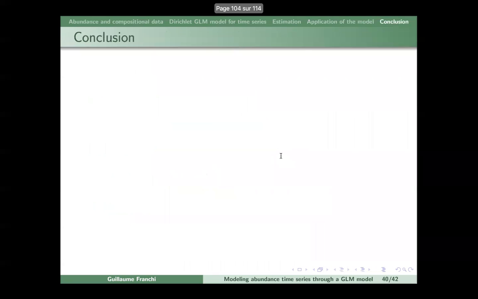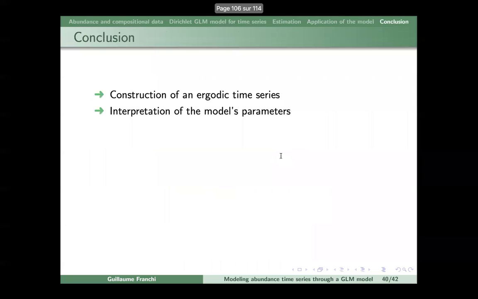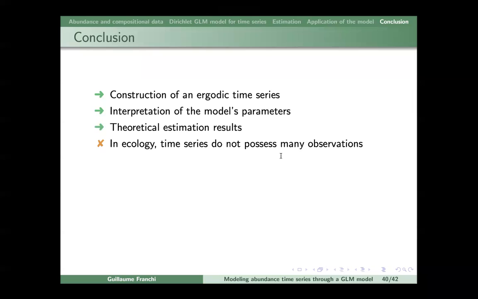Okay, so in conclusion, what I presented here was the construction of an ergodic time series with a good interpretation of the parameters and good estimation results. But like I said, in ecology, we won't have many observations to do our estimations.